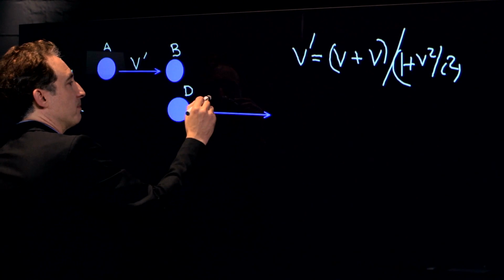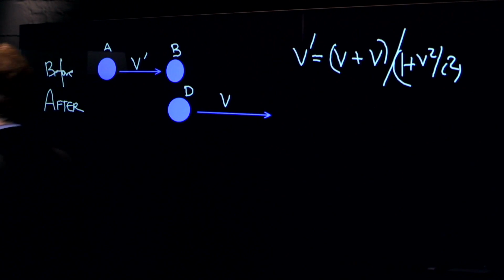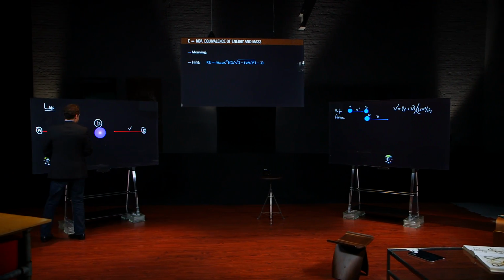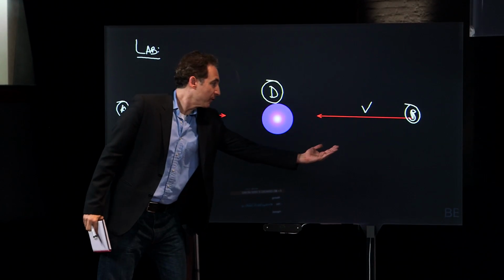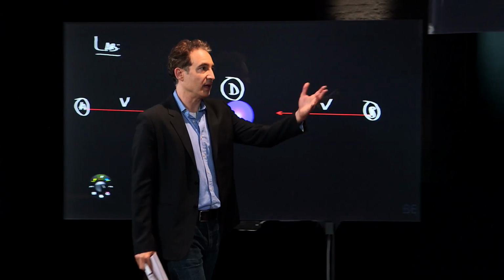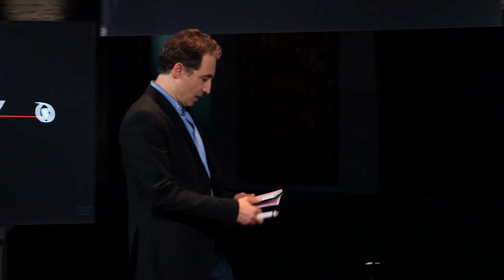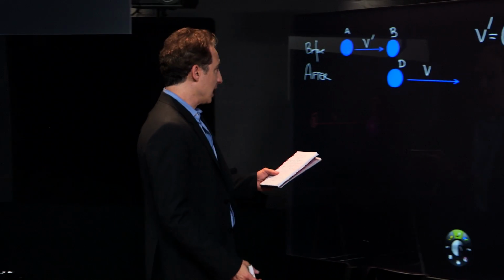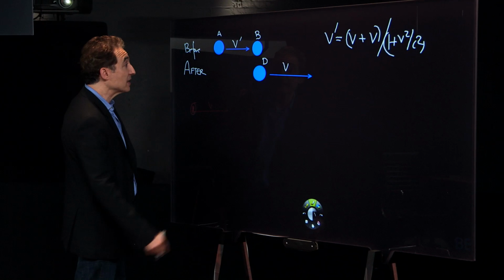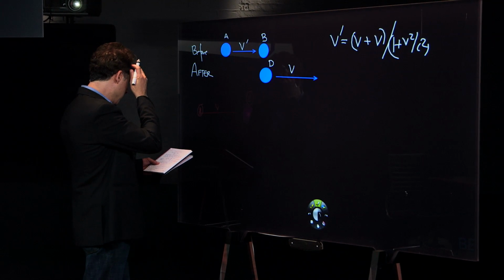What about the velocity of particle D? Well, in the lab frame, particle D was at rest. So if the new frame is moving this way, then particle D is moving that way with velocity v, as I've indicated over here. Now we're in good shape because we can calculate the consequence of momentum conservation in this frame of reference.